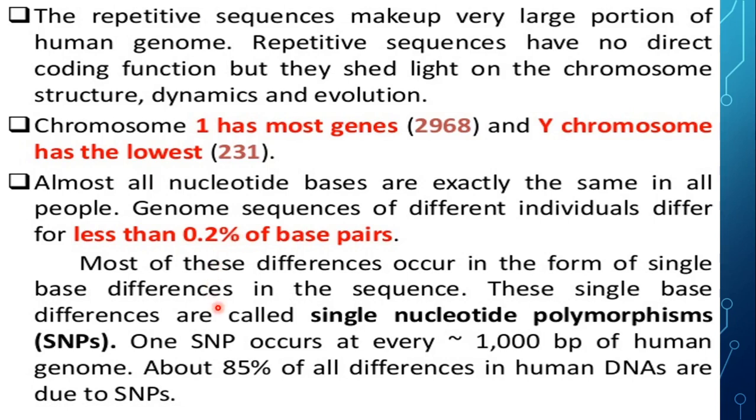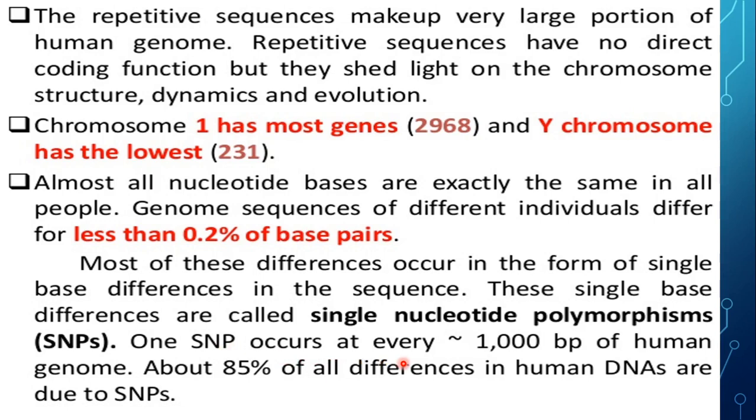Now, one important point to learn here is single nucleotide polymorphism. That means when there is a difference of only one base pair between the DNA of two different individuals, or among more than two individuals, we refer to that as single nucleotide polymorphism, single base differences, also called SNPs. In short, we call them SNPs.